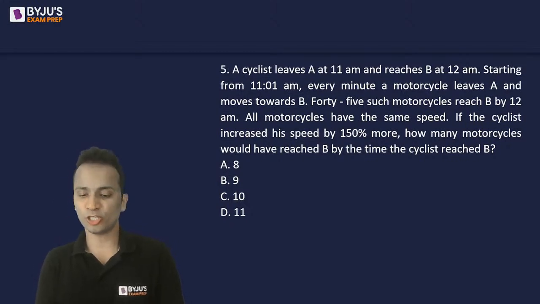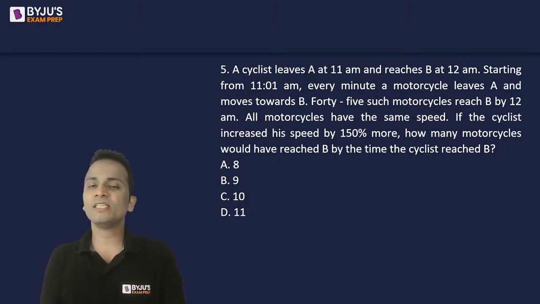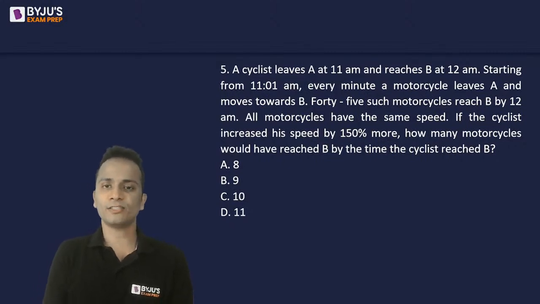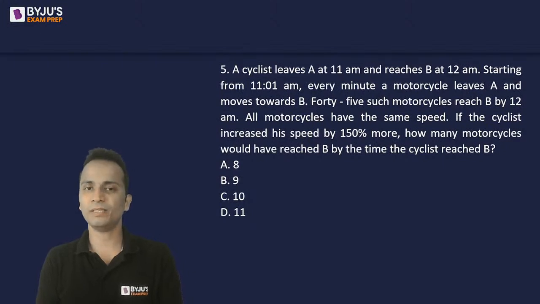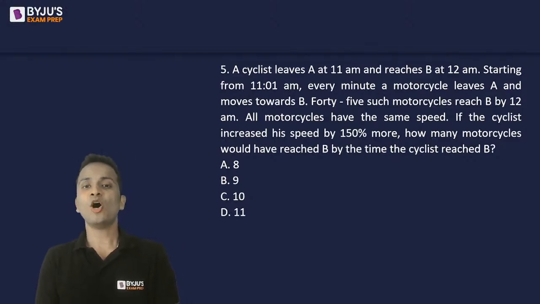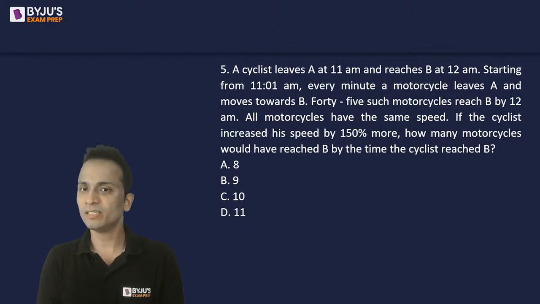Now this is a very logical question. Now let me see how many of you are able to give me a correct answer for this one. A cyclist leaves A at 11 a.m. and reaches B at 12 a.m. Starting from 11:01 a.m., every minute a motorcycle leaves point A and moves towards point B. 45 such motorcycles reach B by 12 a.m. All motorcycles have the same speed.